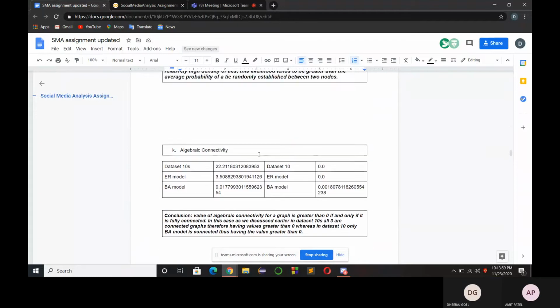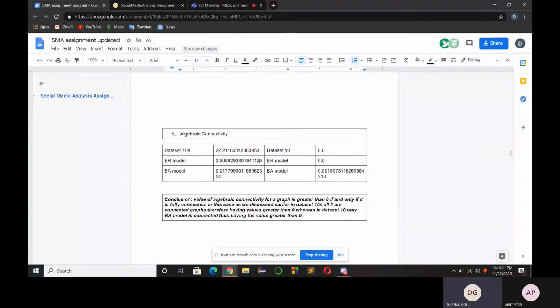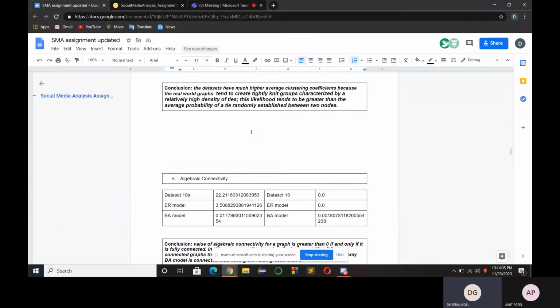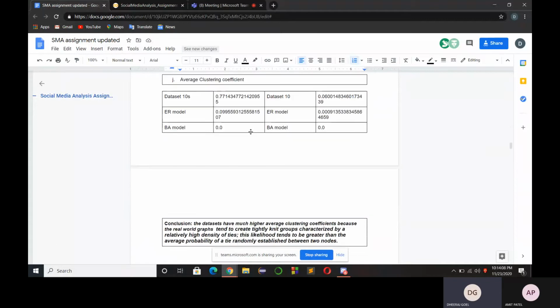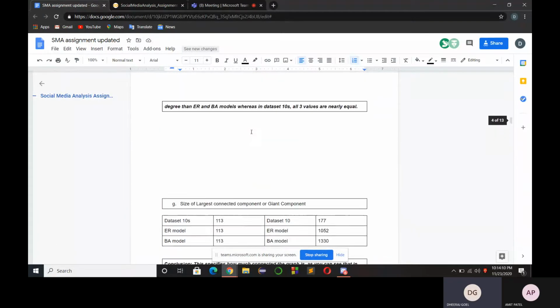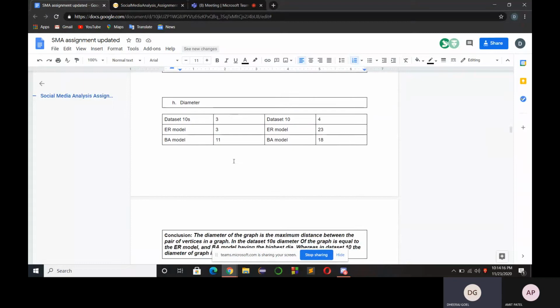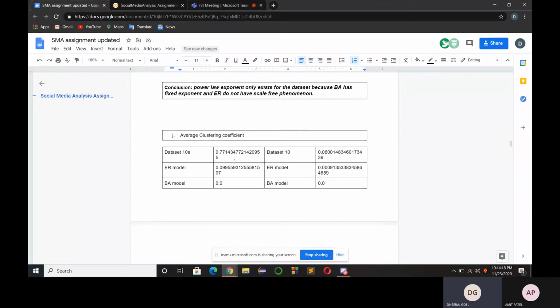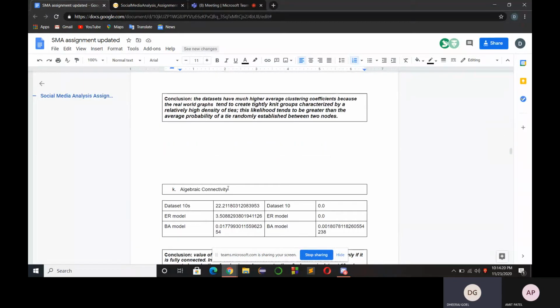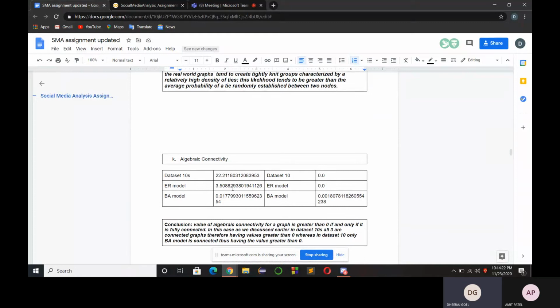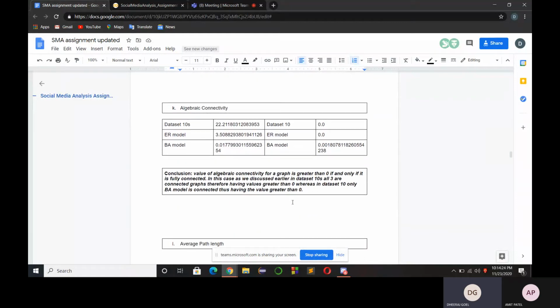So, algebraic connectivity. This property is connected to one of the previous properties, the size of the largest connected component. I will show you again. Algebraic connectivity for a graph is greater than 0 if and only if it is fully connected.